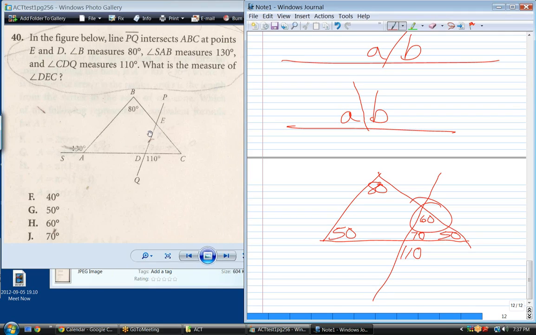So the idea here is that whenever you have multiple triangles, notice that we have two triangles, always try to solve these by solving for whatever you can solve for. Well, the first thing I can solve for is this angle right here. That's 50. That means the next thing I can solve for is this.